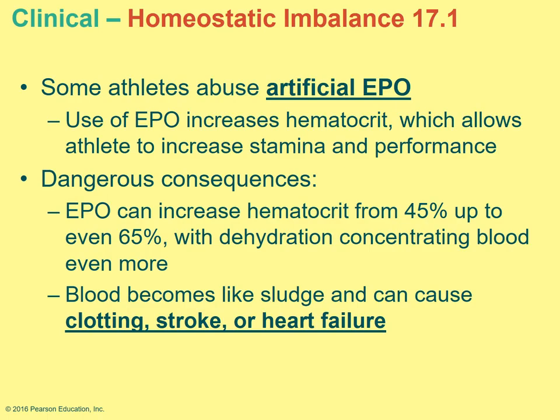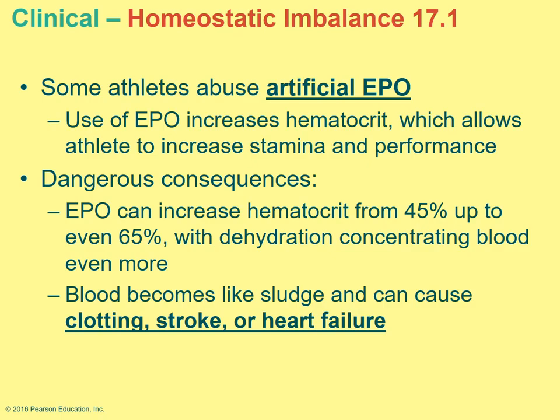Now, in terms of some of our clinical manifestations, some athletes will abuse artificial EPOs to try to increase their hematocrit. Why? Because this increases the amount of red blood cells, which means more oxygen, which means increased stamina, which means increased performance. That might sound good, but there are some dangerous consequences to this.